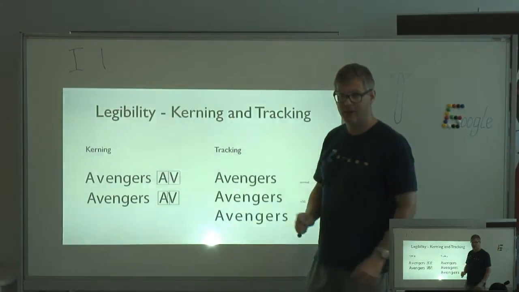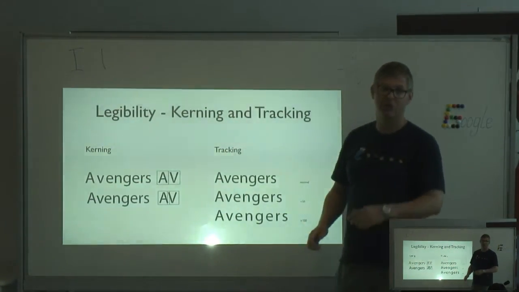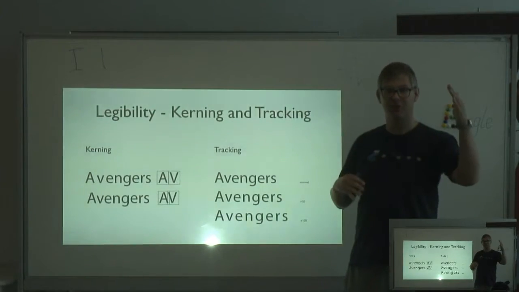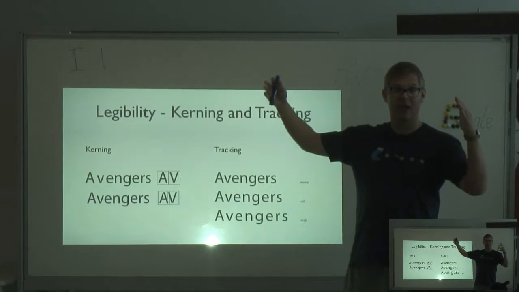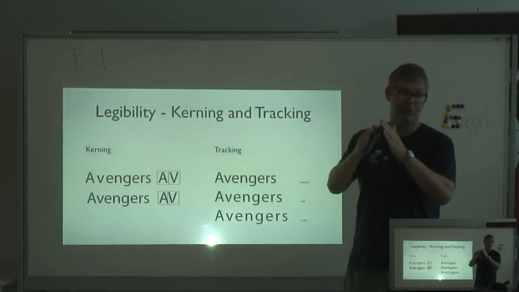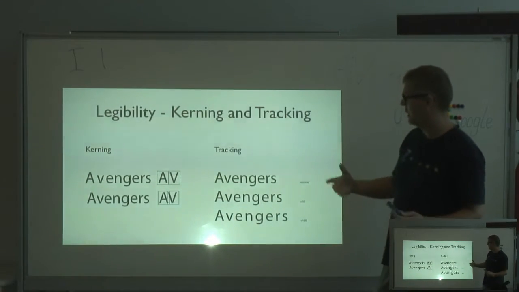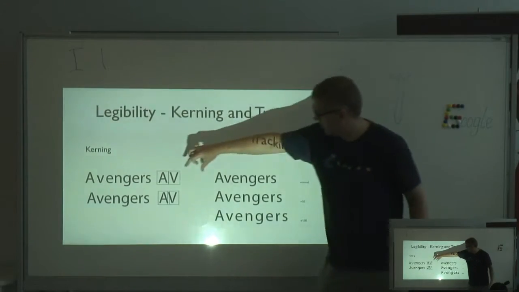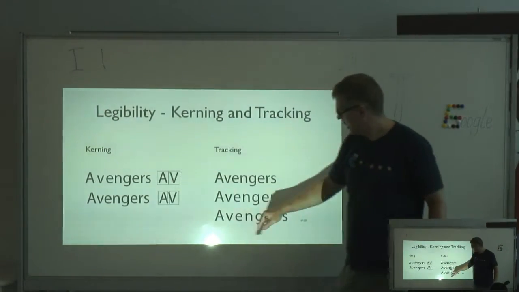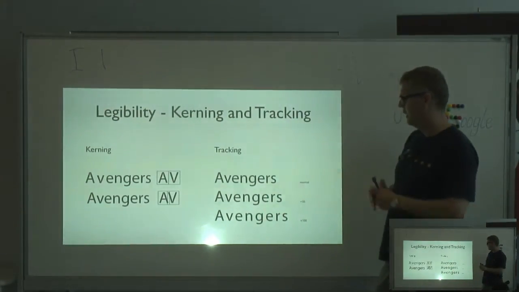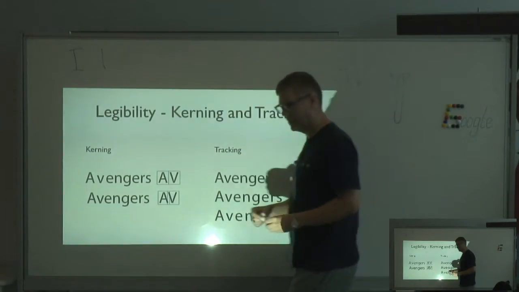So every good typeface has got something called a kerning table, which is just a lookup table that has every letter combined with every other letter, and it's written down how far apart they need to be. And you can manipulate that. Kerning is just the individual combination of letters, but you can also increase letter spacing, which is then called tracking.